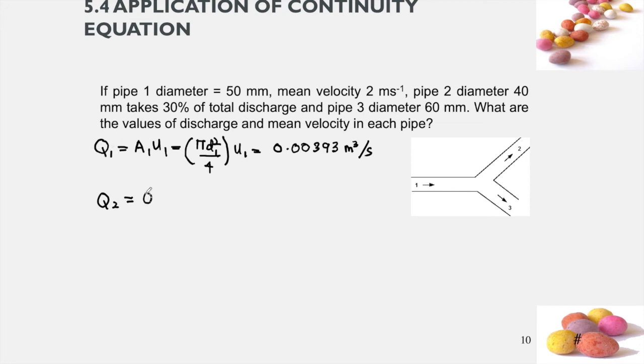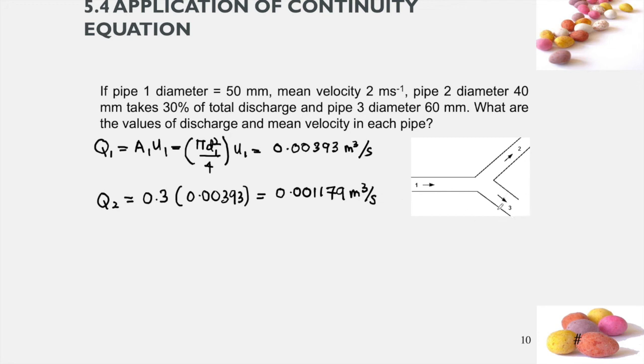Therefore, we multiply 0.3, which represents 30%, times 0.00393, and you will get the value for Q2, which is 0.001179 meter cube per second.